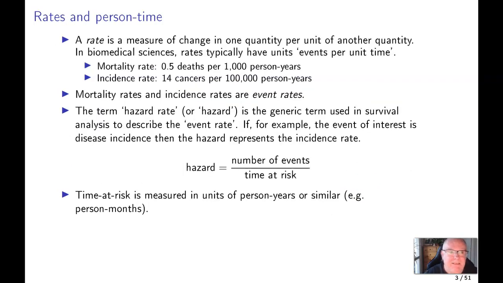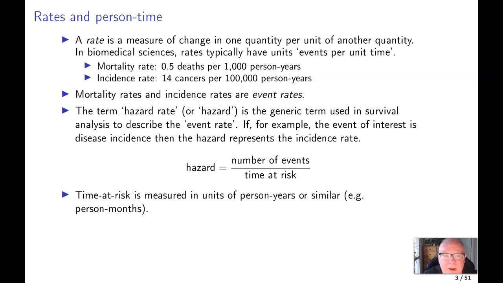So, the hazard is a rate. So I'm going to start with an introduction to rates. This is a measure of change of one quantity per unit change of another quantity. For example, we might have mortality rates, 0.5 deaths per 1,000 person years.